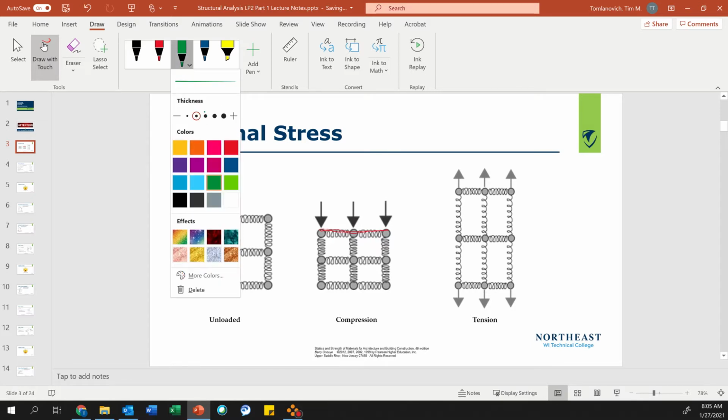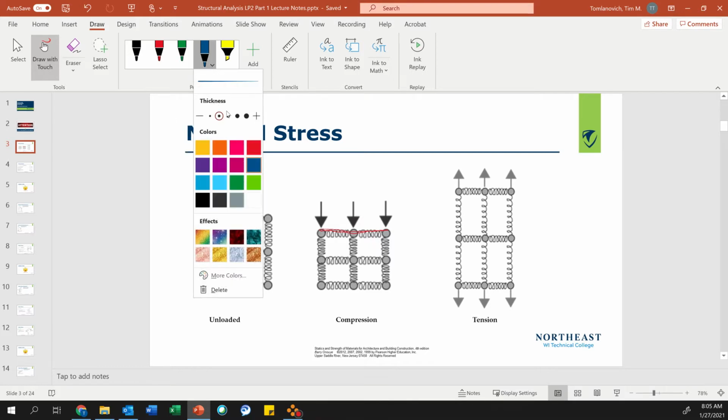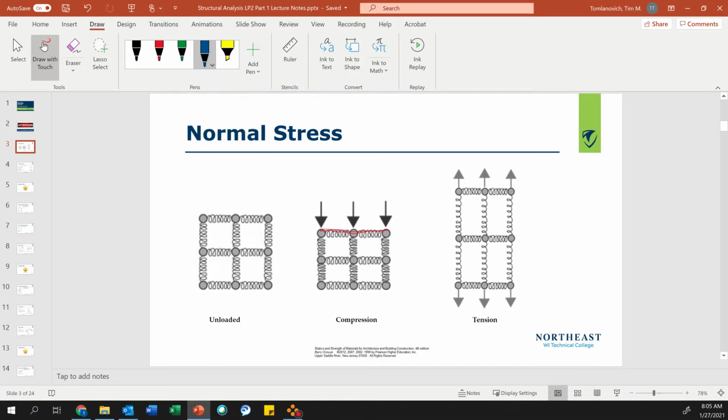Normal stress: the load is perpendicular, the force vector is perpendicular to a surface area.